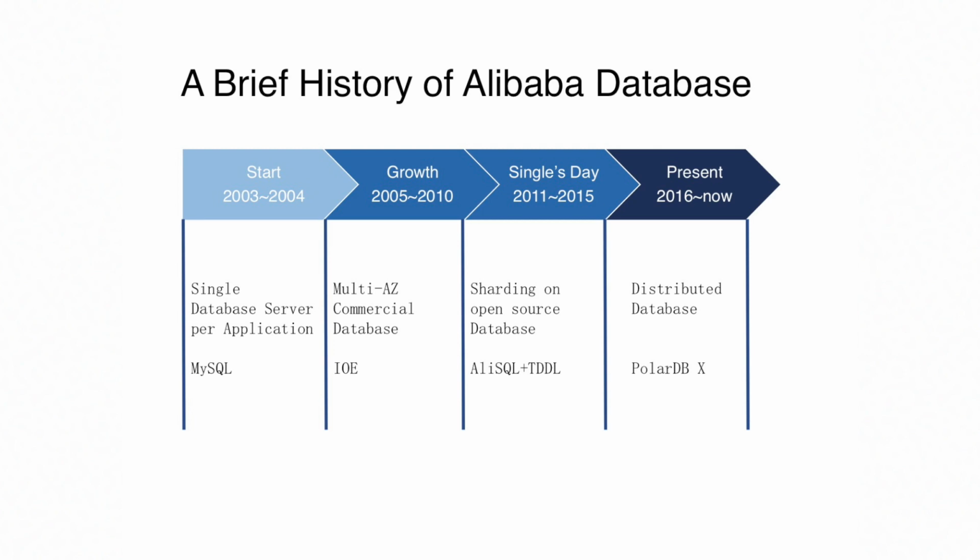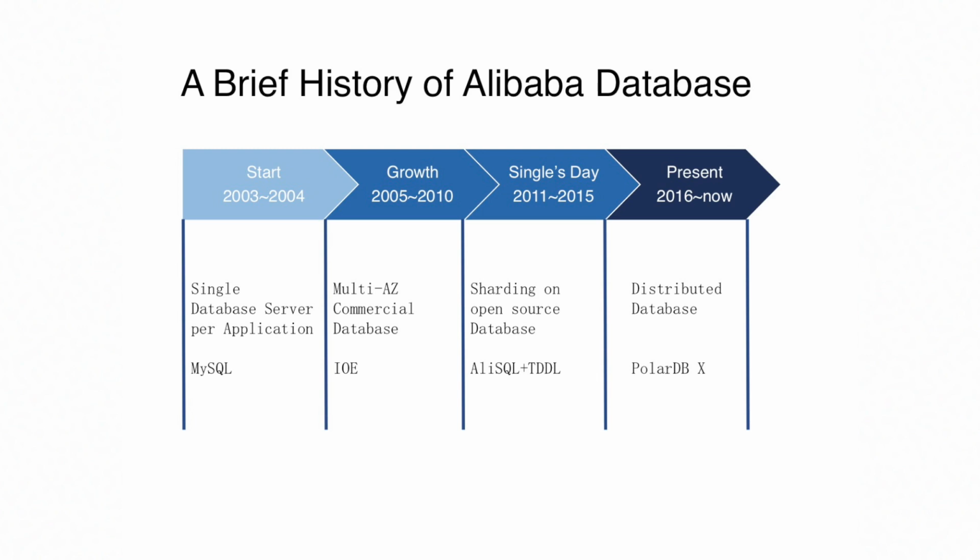It is in this context that sharding on open source databases like MySQL emerged as a reasonable solution. By sharding, we split a huge database along with all its tables into multiple small ones and deploy them in a cluster of commodity servers.